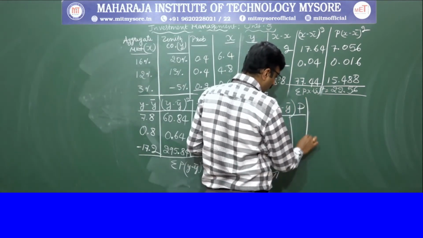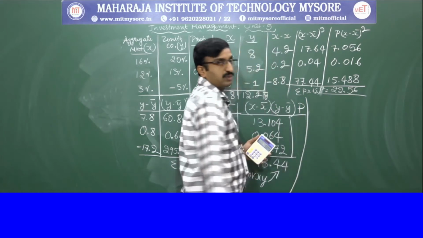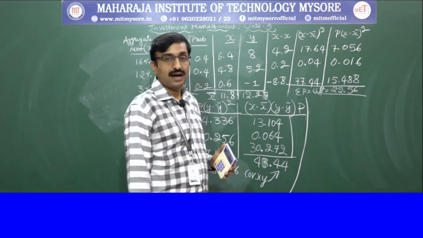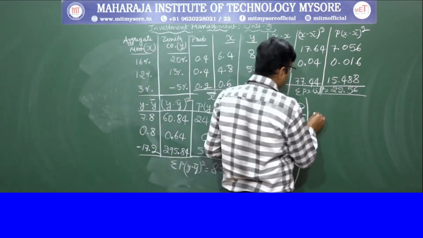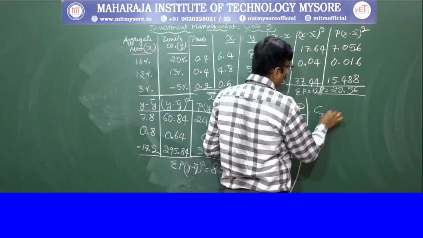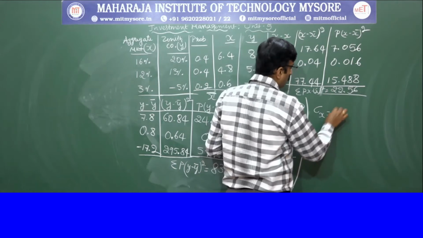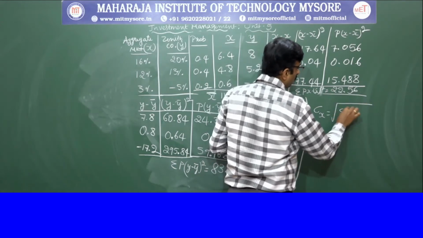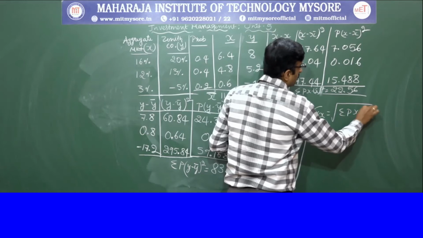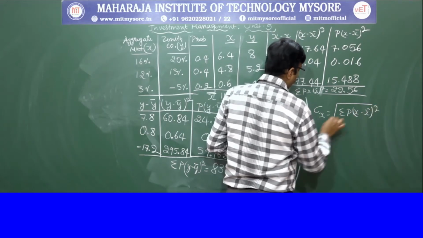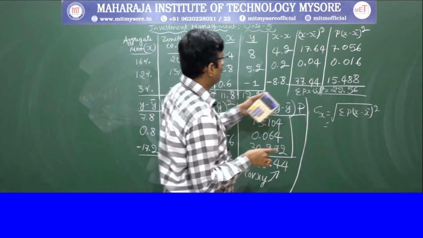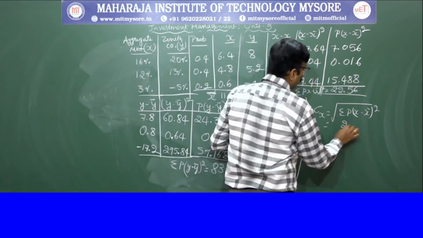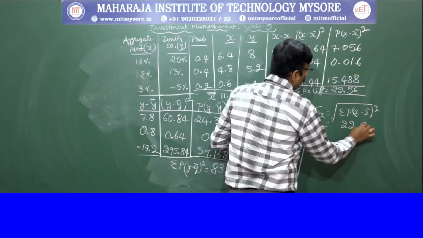In the second unit we have solved the problems on the risk and the return, isn't it? So, same formula you have to apply, that is standard deviation of x is equal to root of sigma p into x minus x bar whole square. So, standard deviation of x, how much it is? It is 22.56.